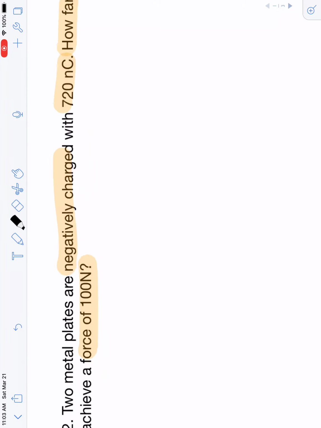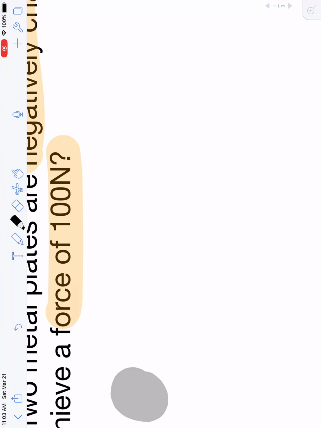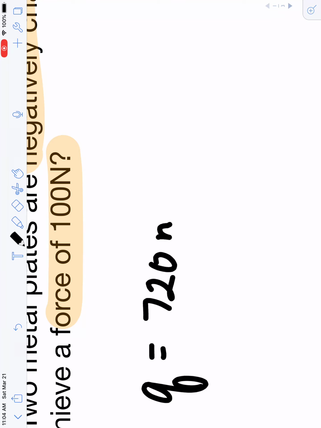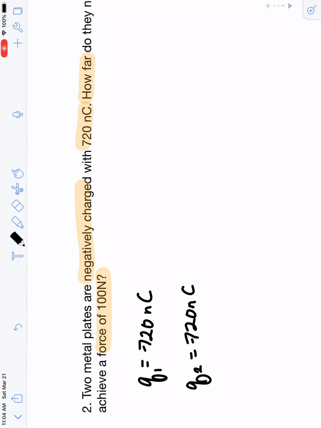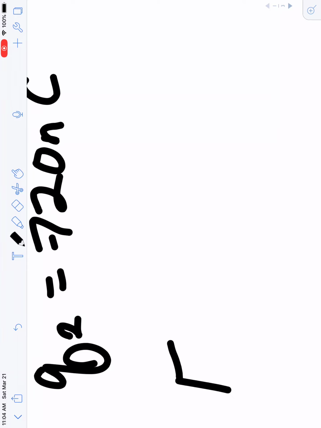Okay, and then we know the force. Let me write this out for you guys. So Q1, Q2. Actually, they should be both negative. So we know both charges. We know the force is 100.